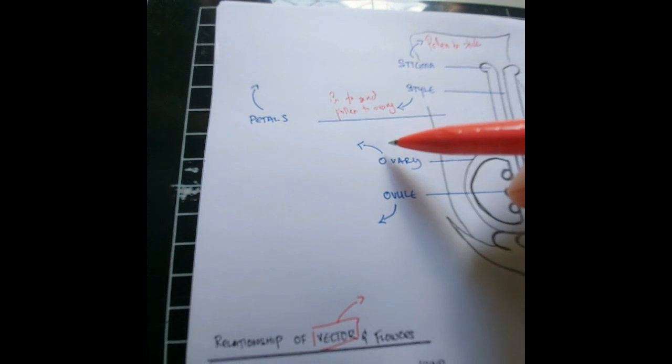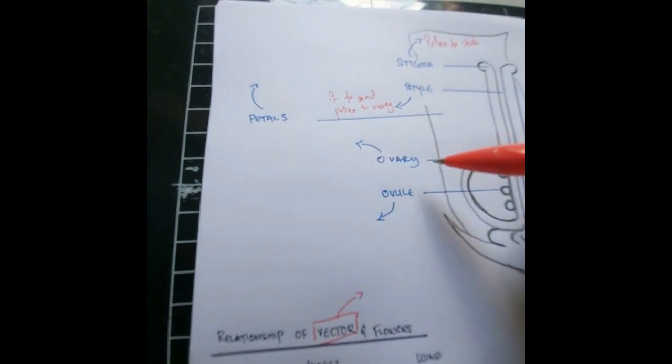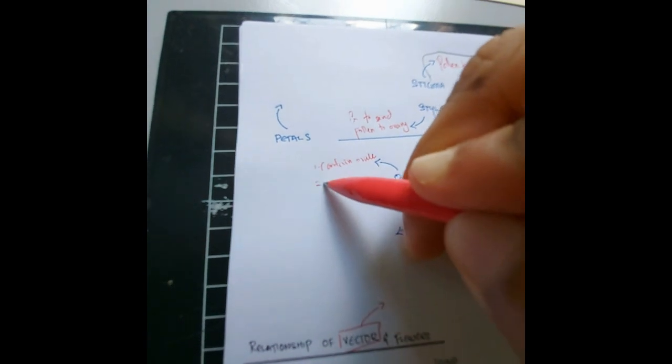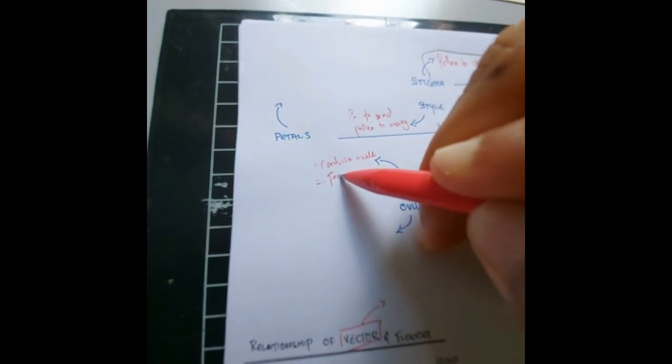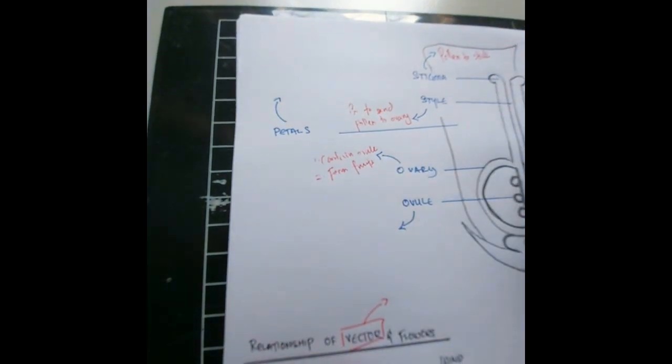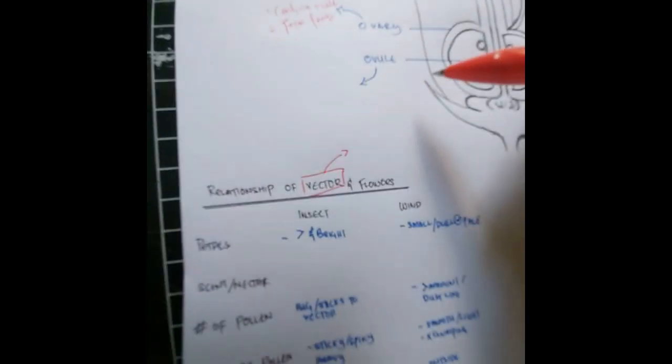In the ovary, this ovary has two distinct functions. One is to contain the ovule, and the next is to form fruit.